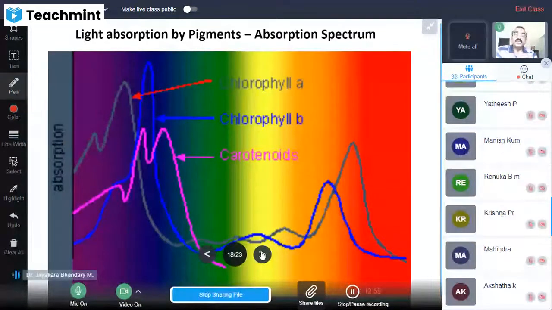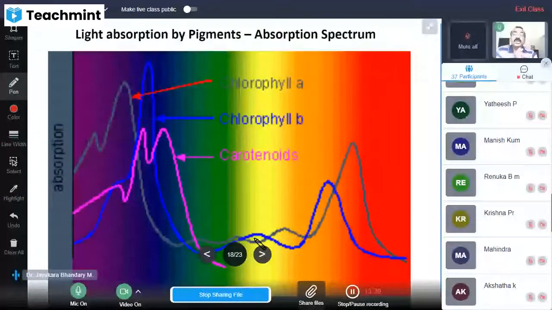Now this is the actual absorption pattern of pigments. So can you see here? Chlorophyll A, chlorophyll B, carotenoids, etc. Notice, this is a peak absorbance. They absorb more of these colors. Look at the blue color: maximum absorption. Whereas when it comes to this green color, very minimum absorption. So wherever the graph rises, it shows maximum absorption, whereas the downward graph shows minimum absorption.